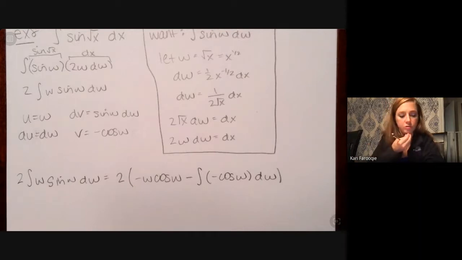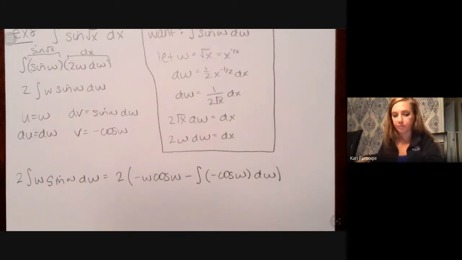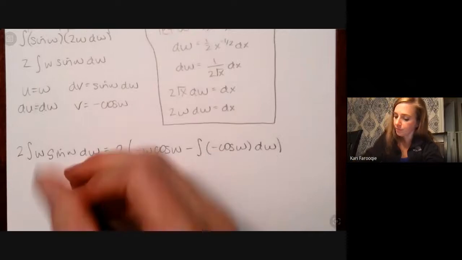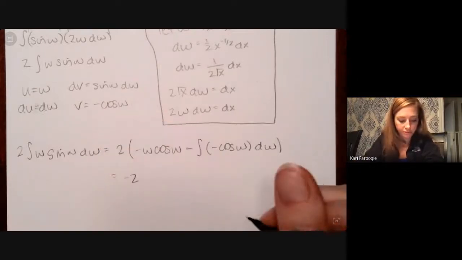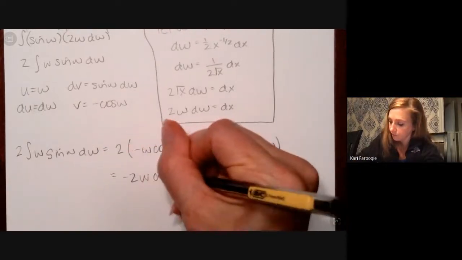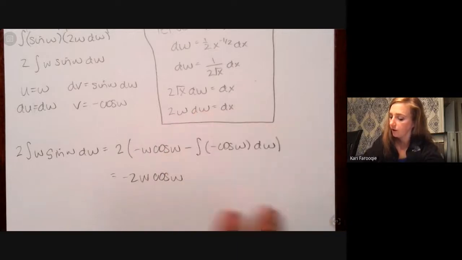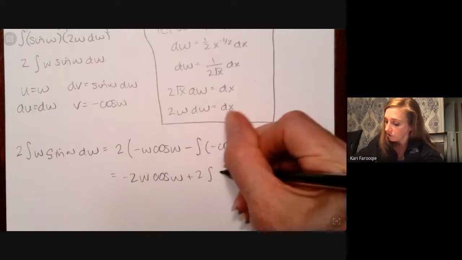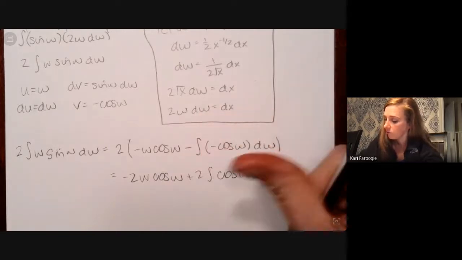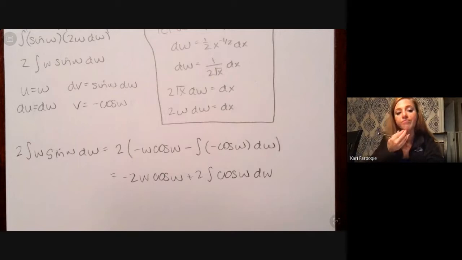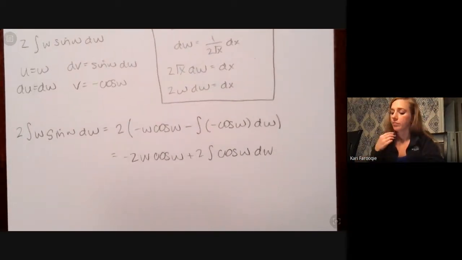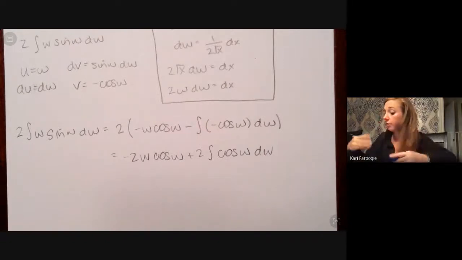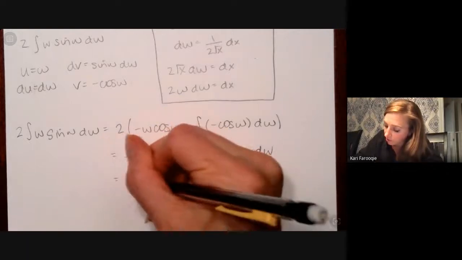And then I'm going to distribute. Negative 2w cosine w. And then I have 2 negative signs here, so I'm going to write this as plus twice the integral of cosine w dw. And then I'm just going to integrate, and then we'll back substitute.